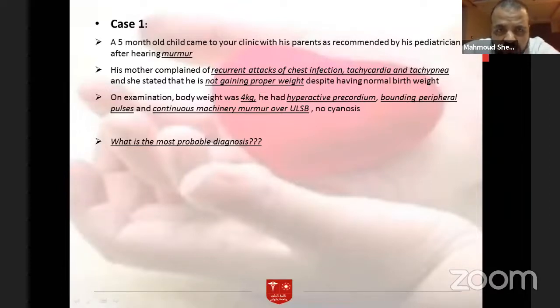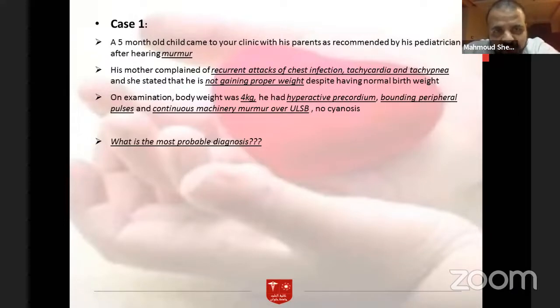So now we should go for the investigations, starting with the basic and then go to the echo. But we suspect, from this case scenario, the most common cause of continuous machinery murmur by these criteria. It's most probably a moderate or a large size PDA.